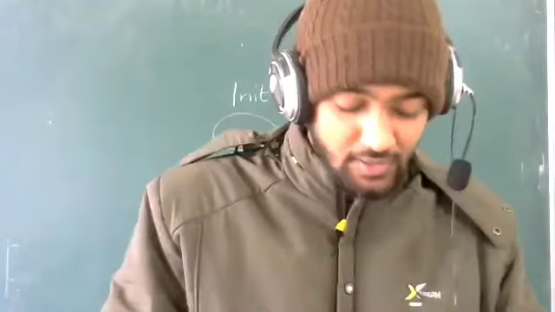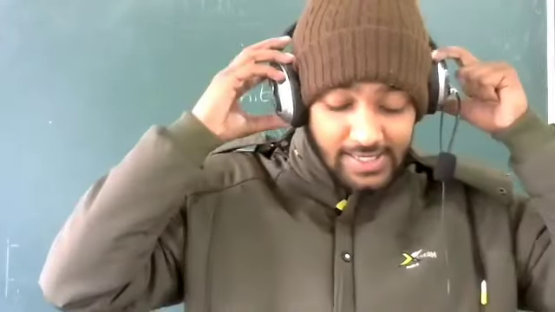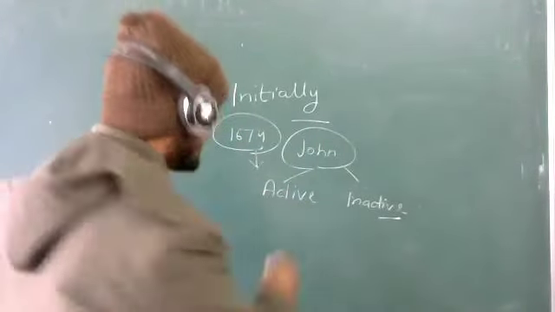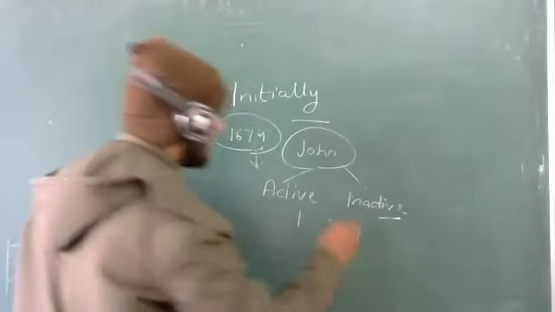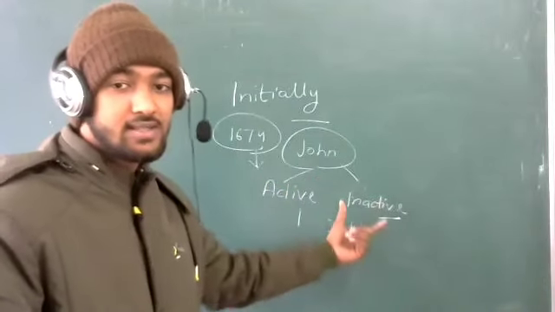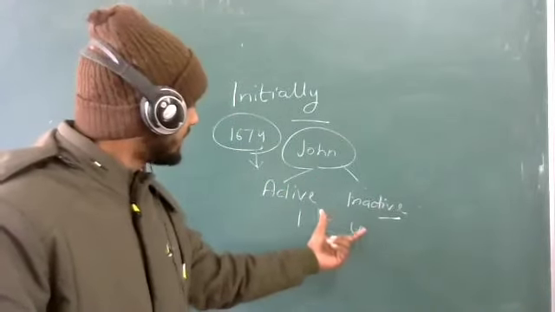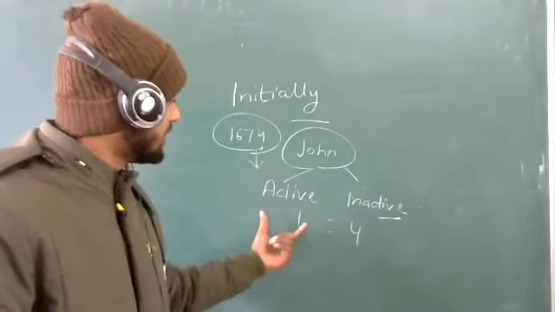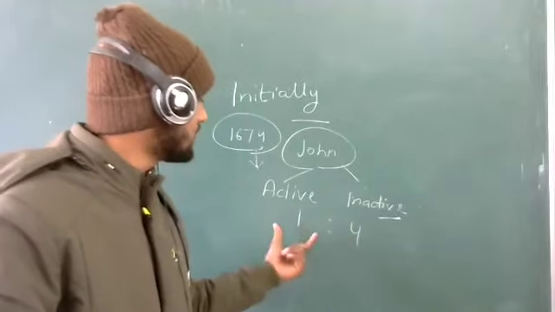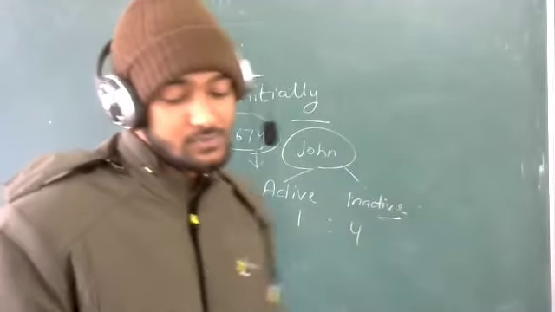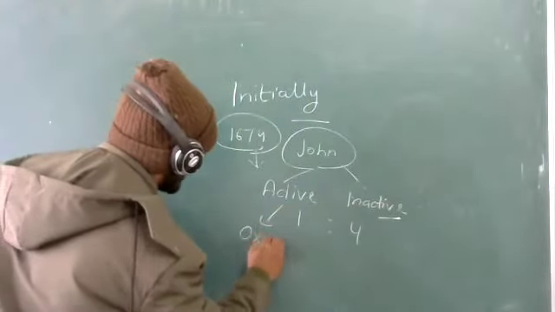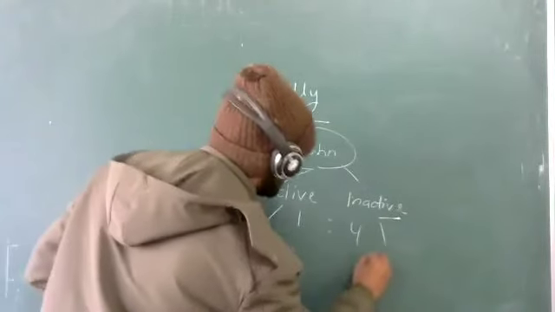Again, the third scientist, Antoine Lavoisier, from France, said that the ratio of active and inactive components is 1 to 4. First, John Mayow said that air is made up of two components, one active and another inactive. After that, another chemist came and said that the ratio of active and inactive components is 1:4, and he called the active component oxygen and the inactive nitrogen.